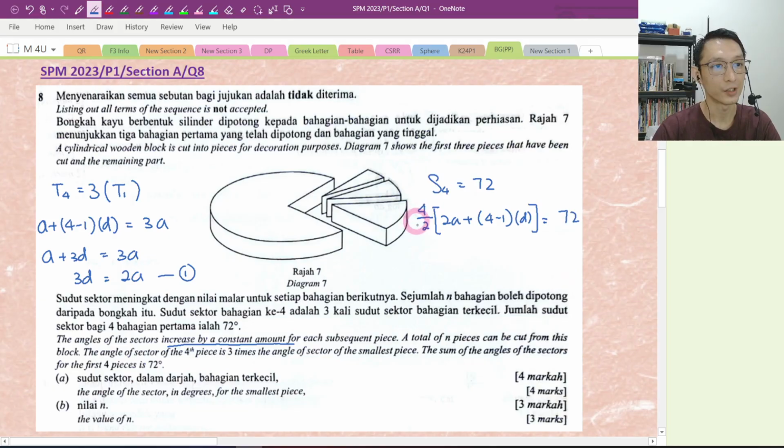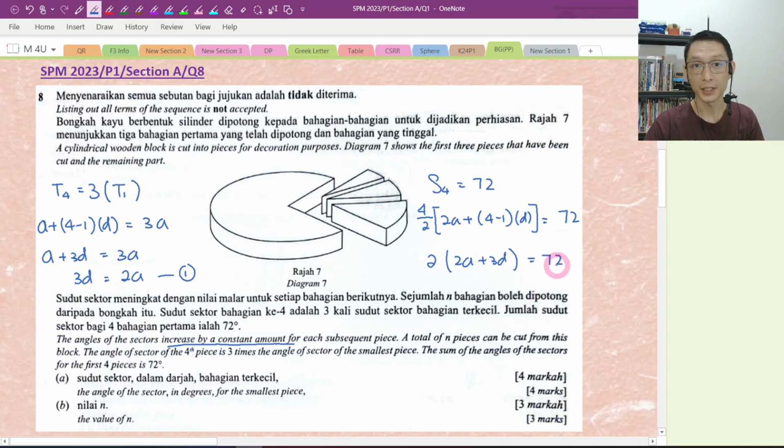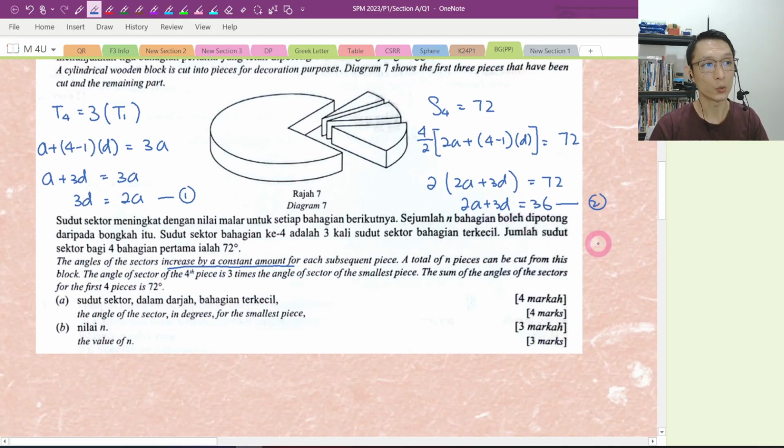So 2a plus 3d is equal to 72. Move the 2 over here, it becomes divide, 72 divided by 2, you will get 36. So 2a plus 3d is equal to 36. Now we have successfully formed the second equation. Now what we need to do next is just solve them simultaneously.